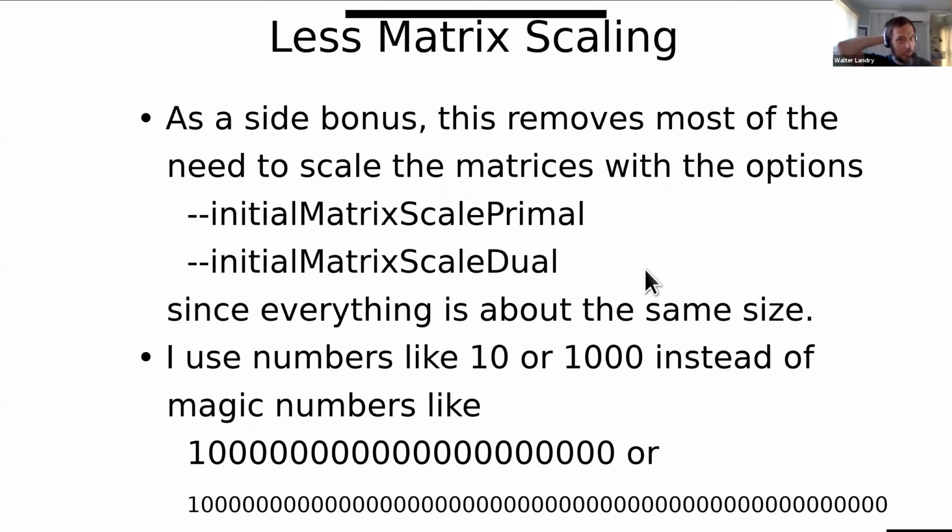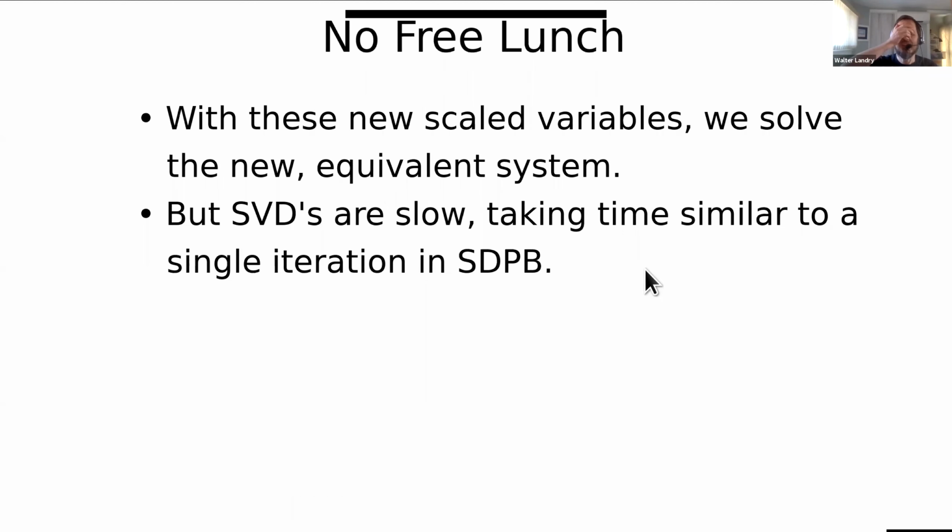Right. So this seems to reduce the need to scale matrices. Instead of magic numbers like 10 to the 20 or 10 to the 50, you can just use numbers like 10 or 1,000. But as with everything, there's no free lunch.